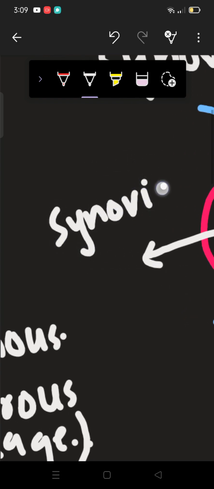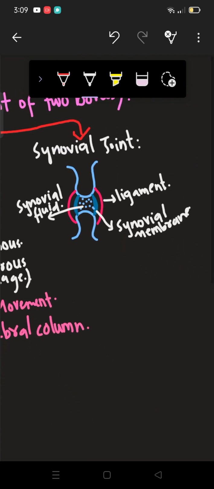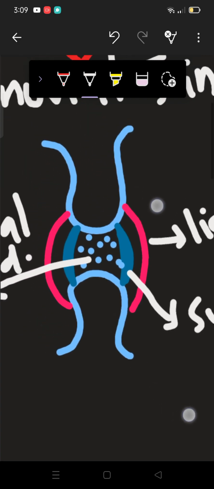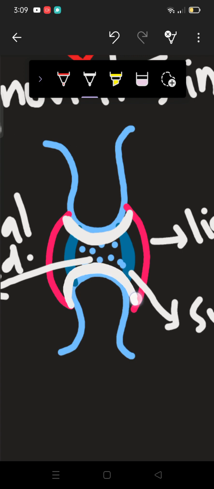Now here I'll have one more structure, a thin cartilage.